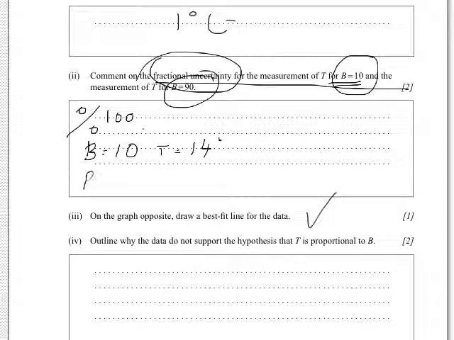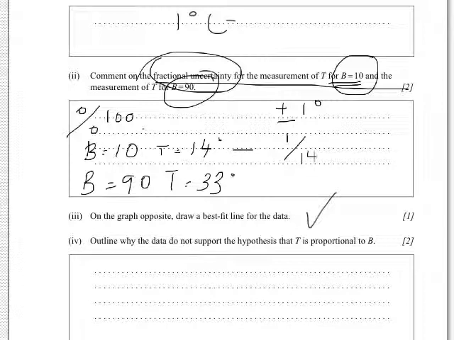And when B equals 90, T equals 33. So our uncertainty is plus or minus 1 degree, so our fractional uncertainty for the first one would be 1 over 14, which gives us a decimal of 0.07.